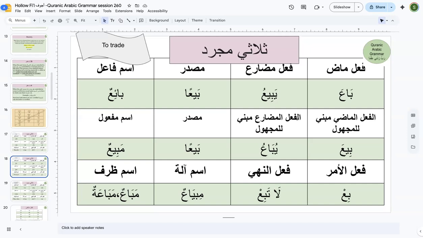Alhamdulillah. When you look at this word, mibya'un, midrabun, which rule is being applied? Is there any application of a rule? Mibya'un, miqwalun, anything being applied?